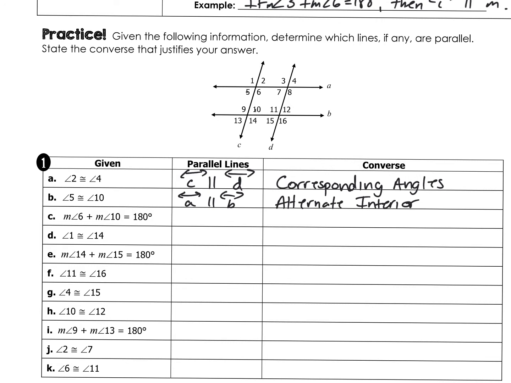The measure of angle 6 plus the measure of angle 10 is equal to 180. 6 and 10 are consecutive interior angles on transversal C. So we just proved line A is parallel to line B. That's consecutive interior.